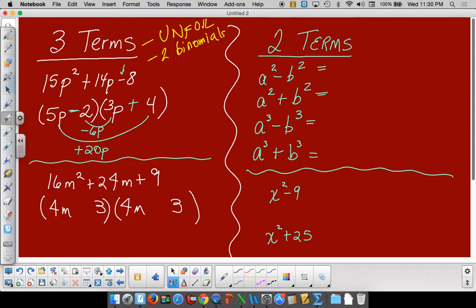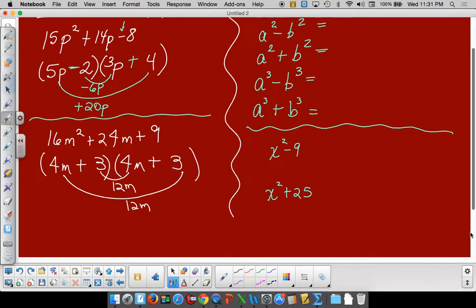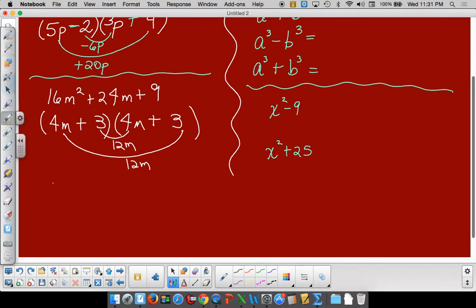Since the entire problem is plus signs, I know I have to be using pluses. Now check your outers and your inners. Outers make 12m, inners make 12m. Is that gonna add up to be 24m in the middle? You bet. So in reality, instead of writing it as 4m plus 3 and 4m plus 3, that's really the same thing as just saying I got 4m plus 3 squared. That was a squared binomial.